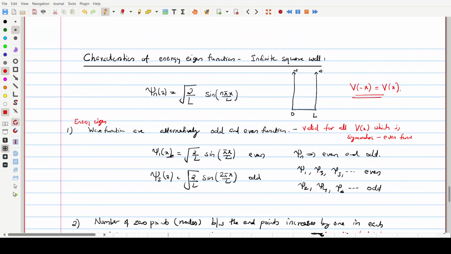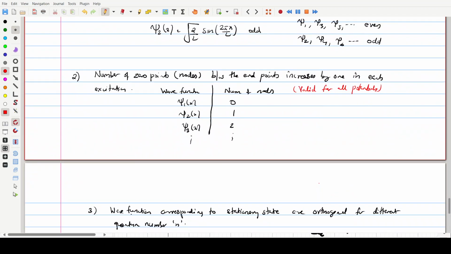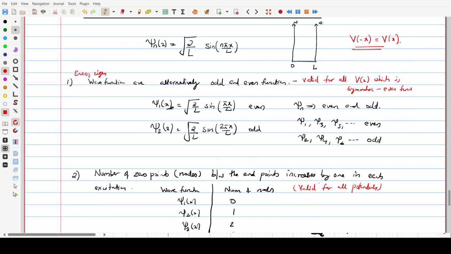So except for the first, the other three behaviors of the energy eigenstates are valid for all potentials. Only for the first one, the odd and even function interchange, the potential must be symmetric, that is, an even function. That is the only additional point we have to remember, otherwise the remaining things are applicable for all other potentials. This will be important while we are trying to solve certain numericals. So all these properties we have to remember as well.